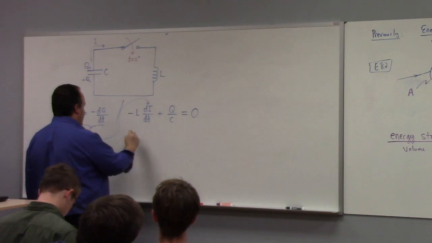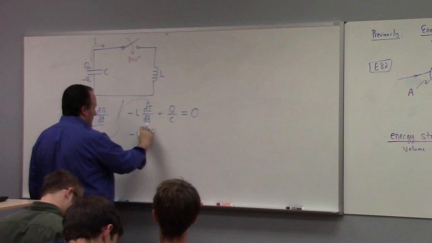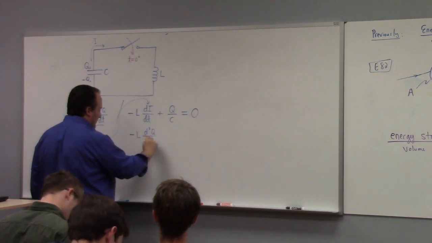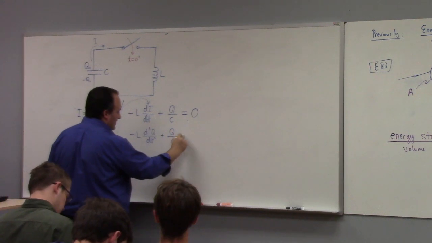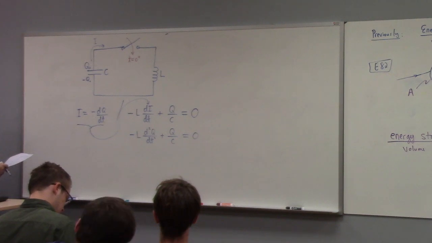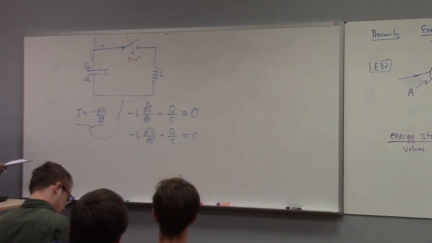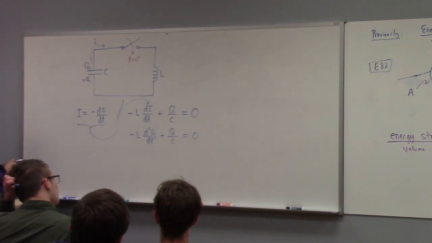Well, we've got ourselves a minus L d squared Q dt squared plus Q over C equal to 0. Oh, this feels wrong. I've neglected a very important thing, which is what? Whew, that was almost very bad.